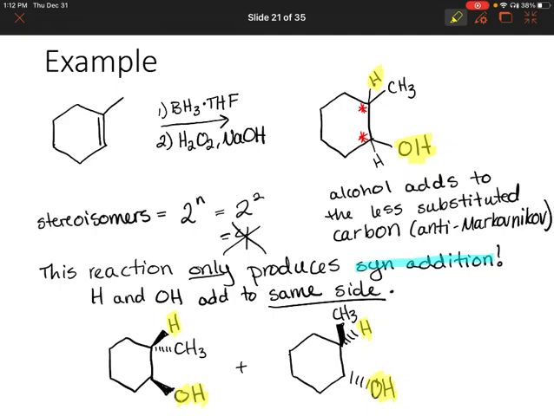Okay, so now can you figure out the relationship between these 2 products? Are they enantiomers or diastereomers? So another way to ask this without having to do the R and S stuff: do both stereocenters change, or does one of them stay the same?